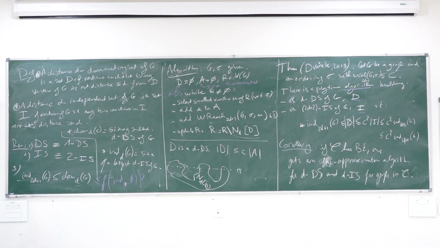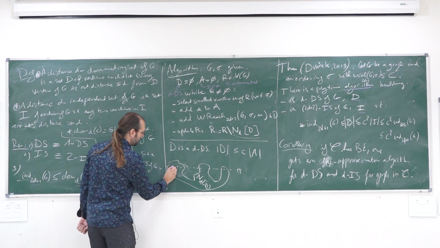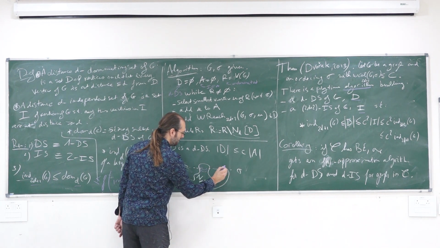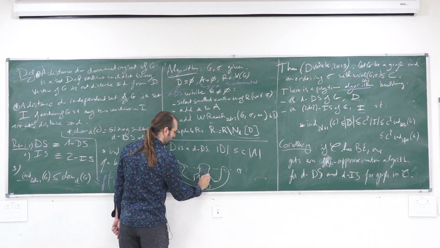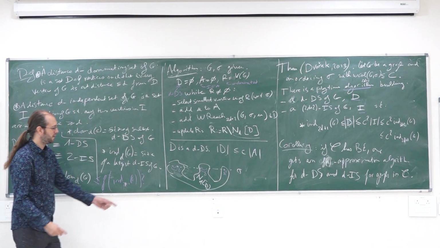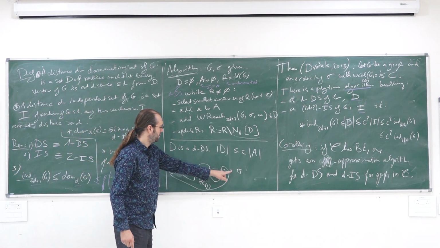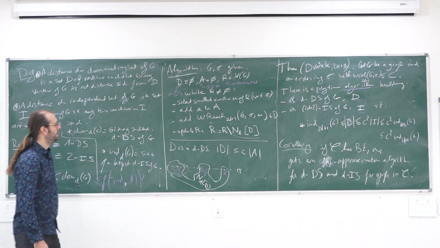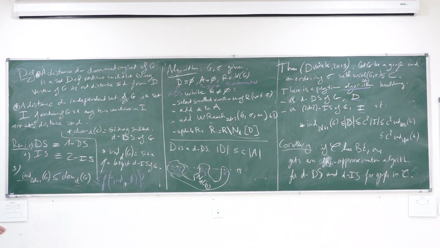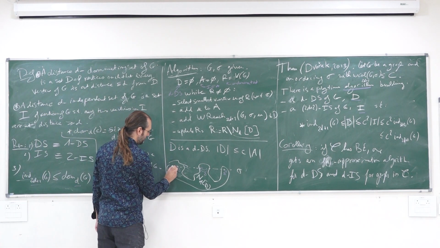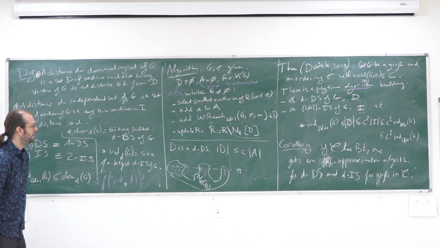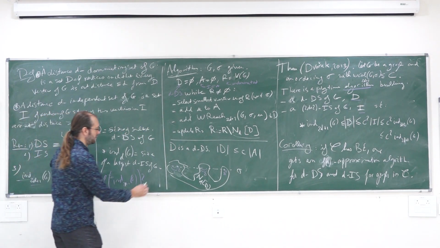Inside this, of course, I have a dominating set. This is D. Everything else is in R. And inside my D, I have my A. So my A is somewhere this way. This is A.